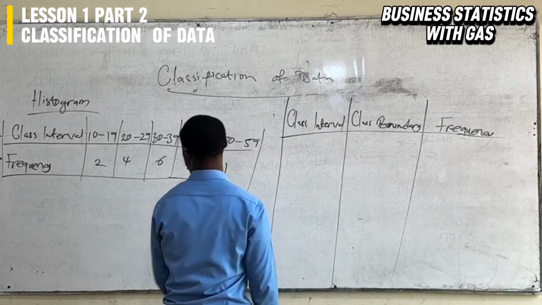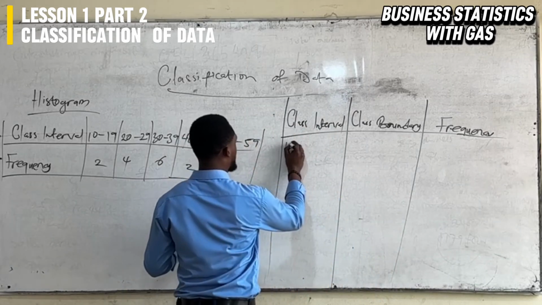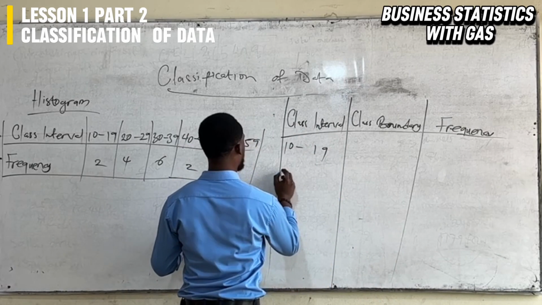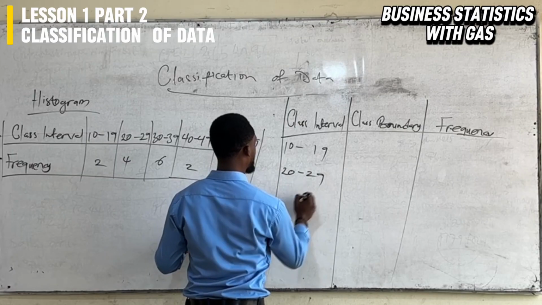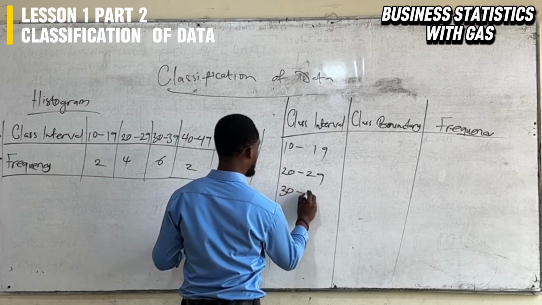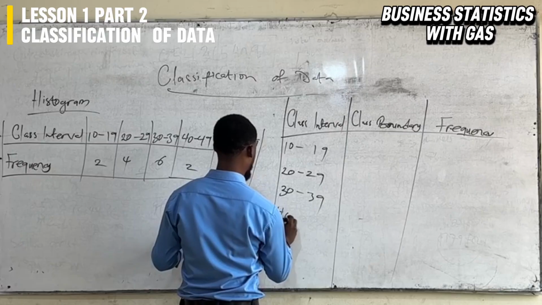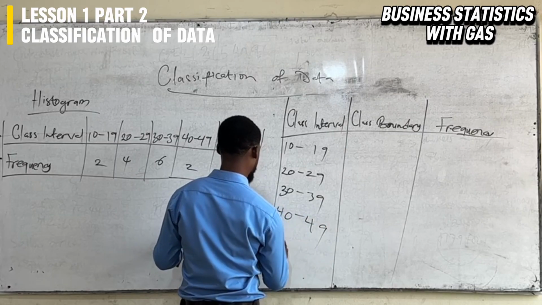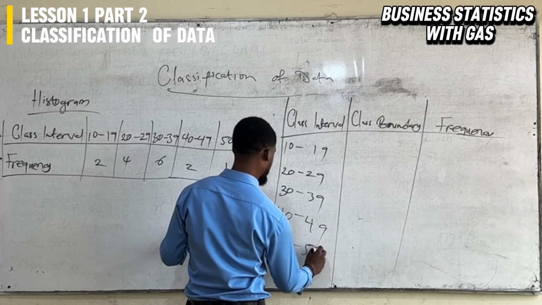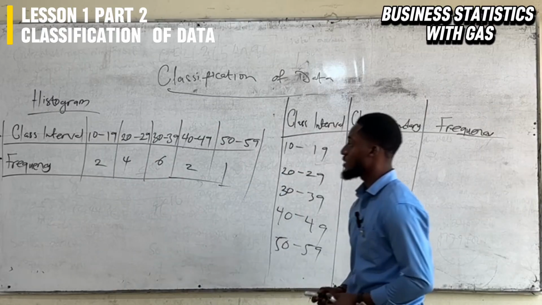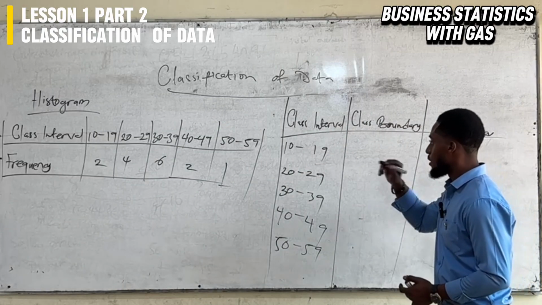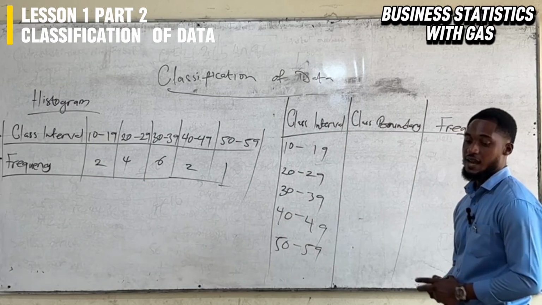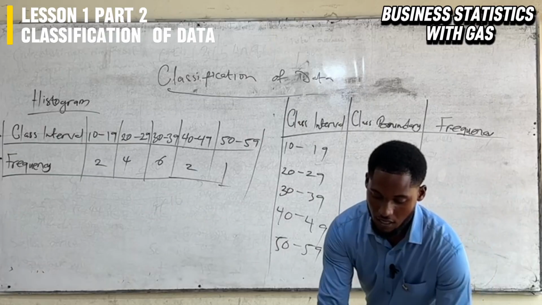So now the class interval was given to be 10 to 19, 20 to 29, 30 to 39, 40 to 49, and 50 to 59. So now it's up to us to find out what our class boundary is. And as I said, how then do we find our class boundary?